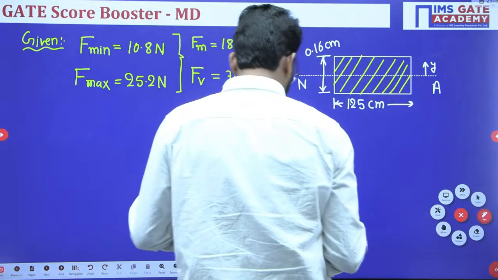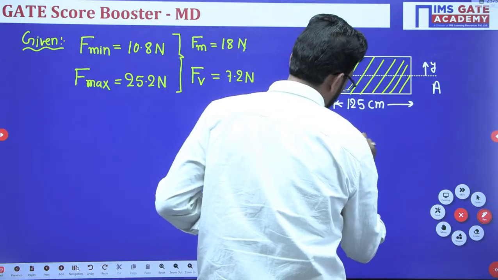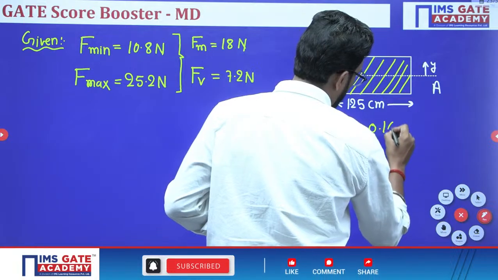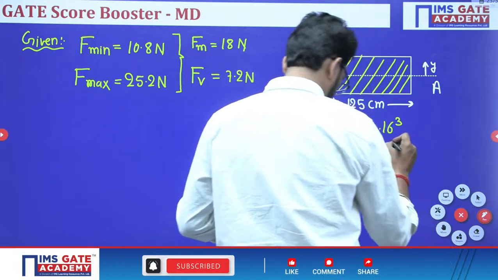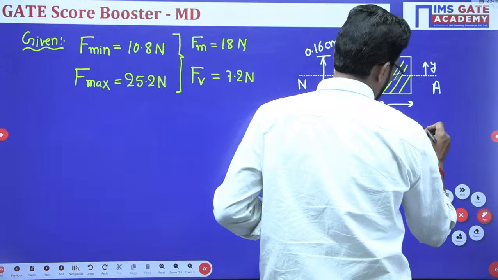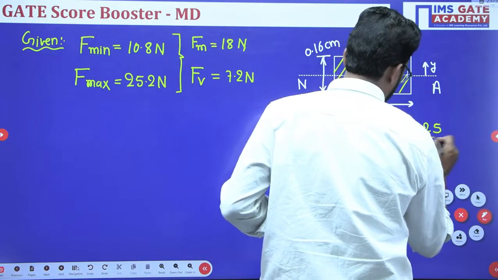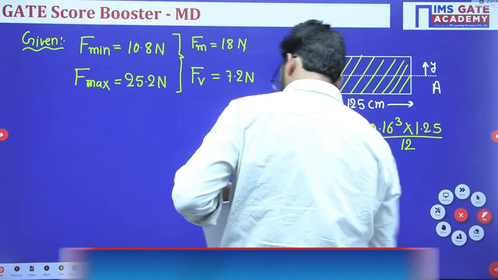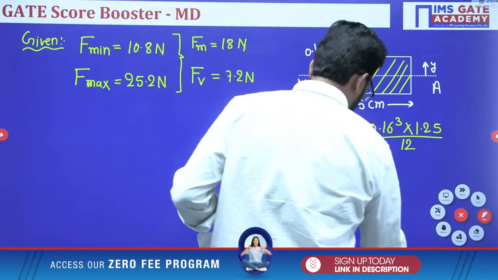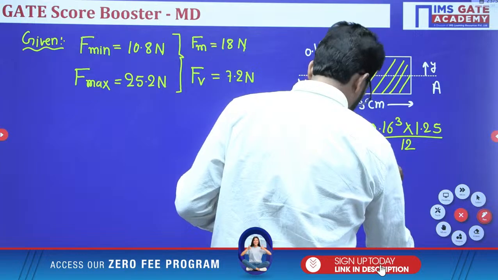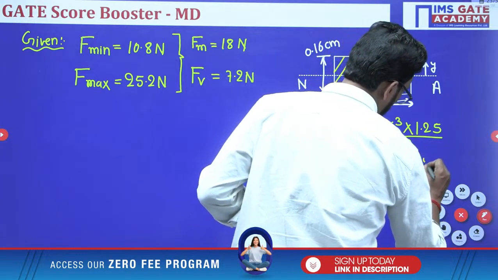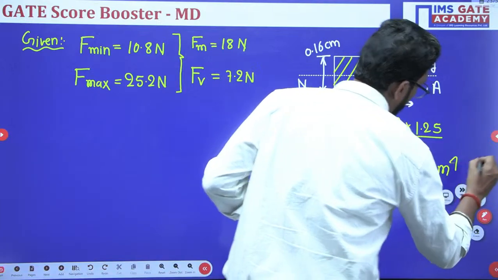So we can easily find the moment of inertia: 0.16 cube into 1.25 divided by 12. So this is 4.27 cross 10 to the power minus 12 meter to the power 4.